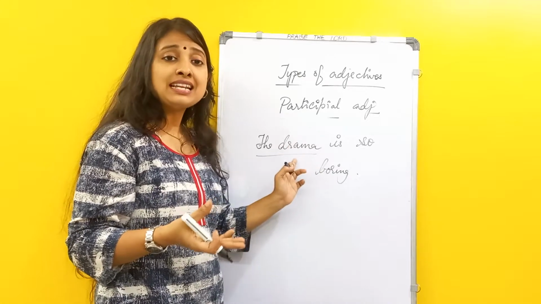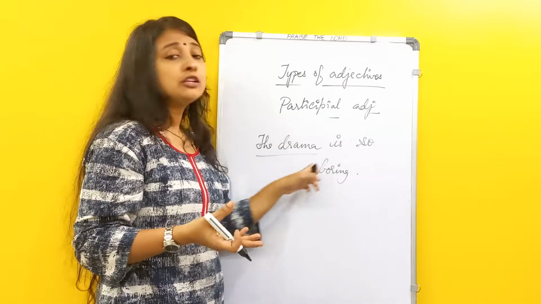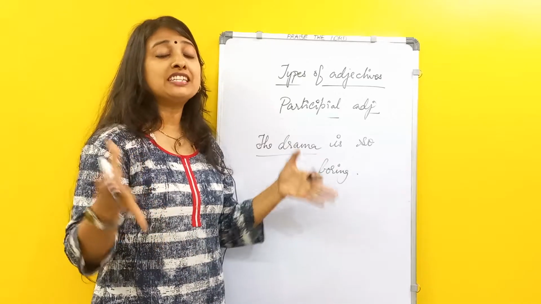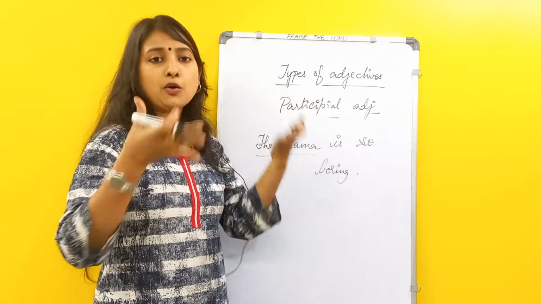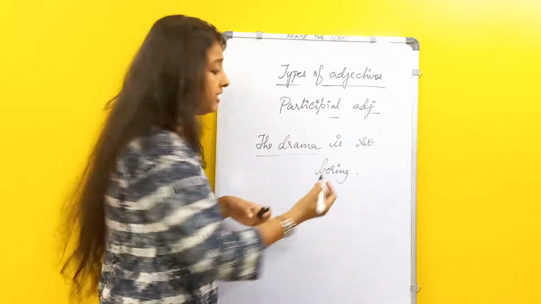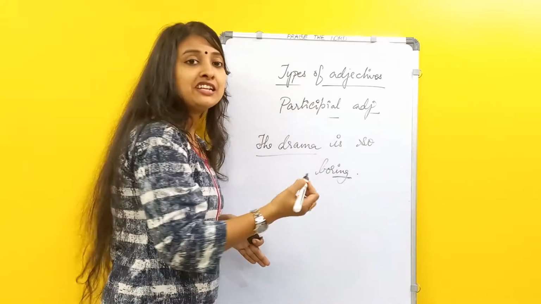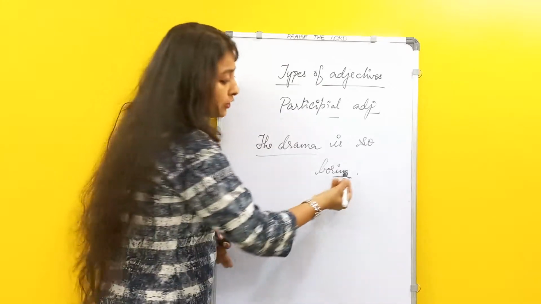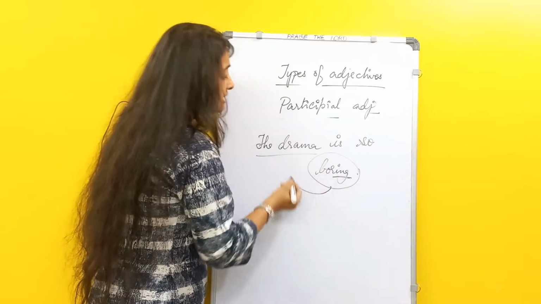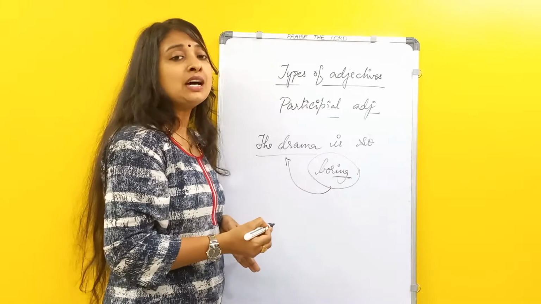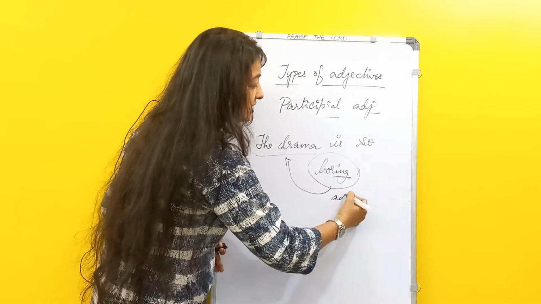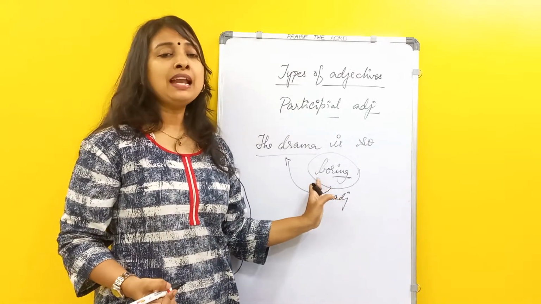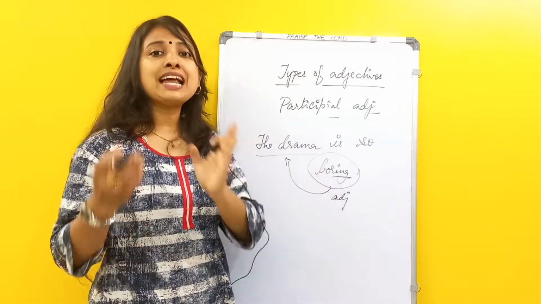The word boring is used to describe the drama, the noun. When there is an ing form, it is called a participle. So this word, used to describe the noun, is called a participle adjective. Which type of adjective is it? It's a participle adjective. Did you understand?